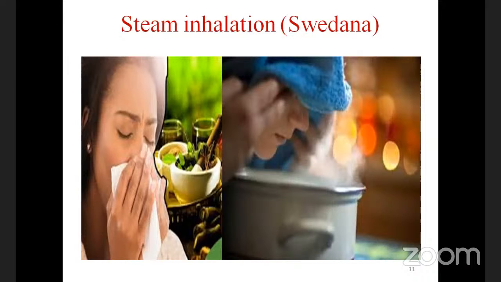We can use normal water, or we can put tulsi leaves or karpuravalli leaves into the water, and if we inhale the steam, it will open the upper respiratory tract. Mainly it will remove the congestion present in the nasal path, and it will give relief if the person is affected with any congestion of the nose or upper respiratory tract.